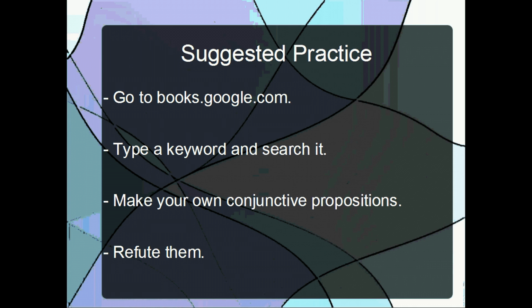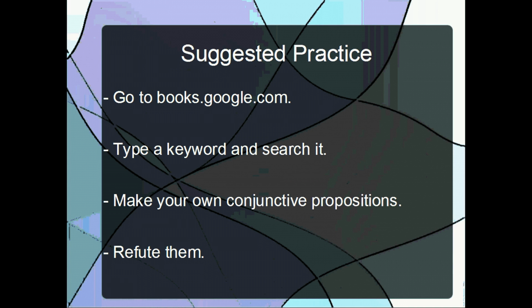You can go to books.google.com. In the left-hand side, you'll have a search bar to type in a keyword for a book. After you search that, on the left-hand side, click on Preview Available or Full View. Then select a book. After you've selected a book, hold Control, and while still holding Control, press F. You'll get a search box within the book that you selected.